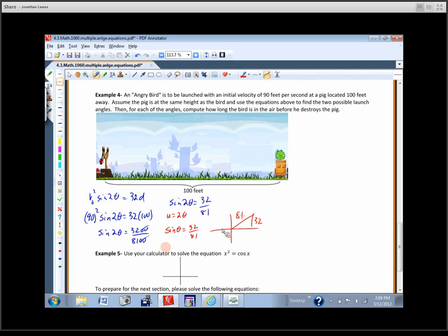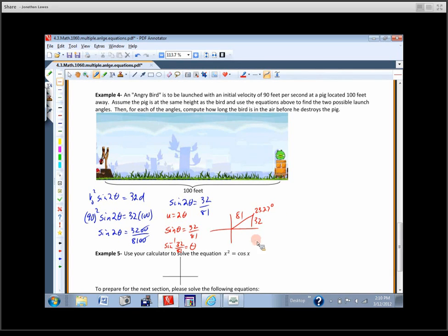And what is the sine inverse of 32 over 81? Okay, so this is 23.27. You might want to write out several decimal places, maybe 3, 4, 5, something like that, to have plenty of accuracy.